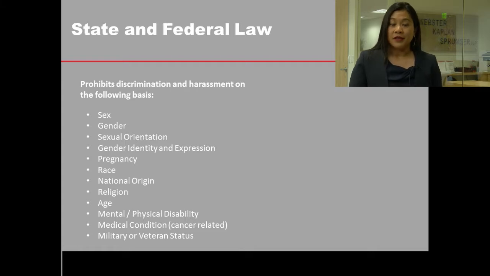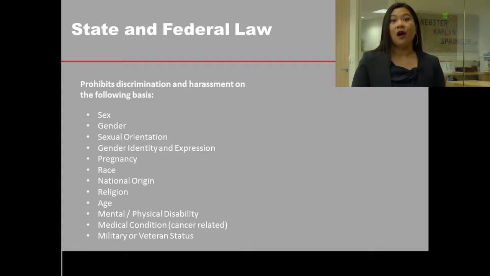One of them, first, is sex. There's gender, sexual orientation, gender identity and expression, pregnancy, race, national origin, religion, age, mental or physical disability, medical condition as it relates to cancer, and military or veteran status.